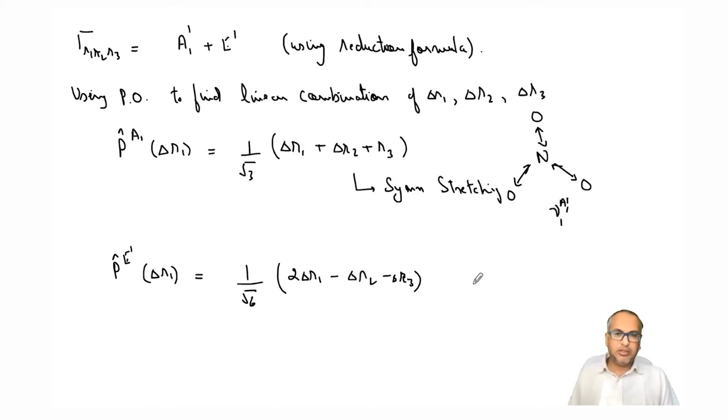So this can be called nu 2, the second stretching mode with E prime symmetry. You can draw it as one of the bonds increasing in length and the other two bonds compressing. So these are getting shortened, this is getting increased. So this will be the second mode.